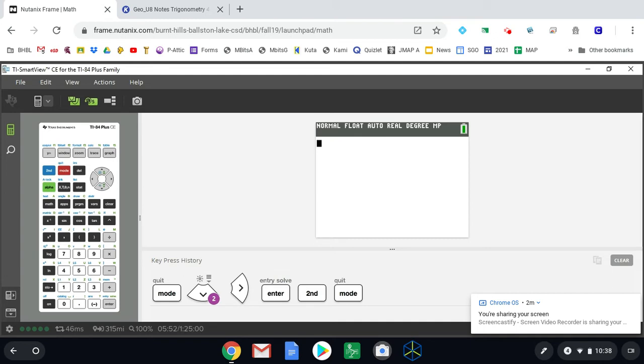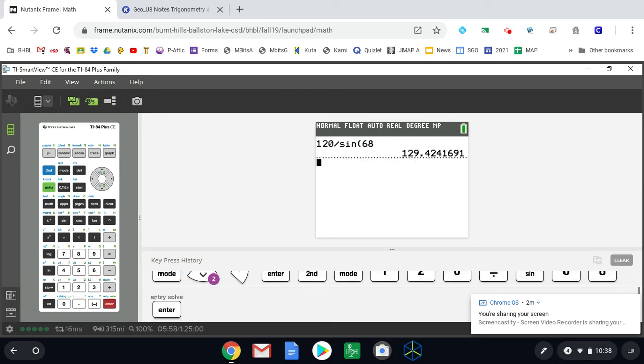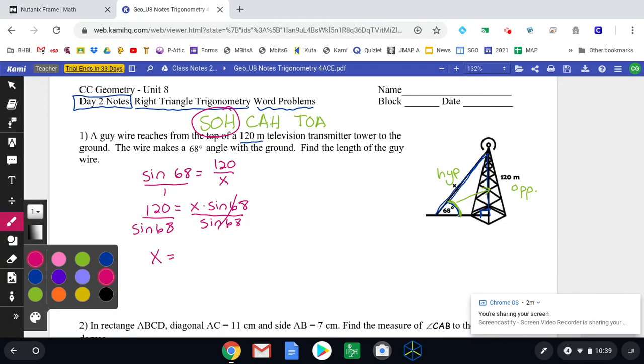So I've got 120 divided by the sine of 68 degrees. That gives me 129.4241. We want that for the final length of the guy wire, so I actually want that whole number there. So 120 divided by the sine of 68.